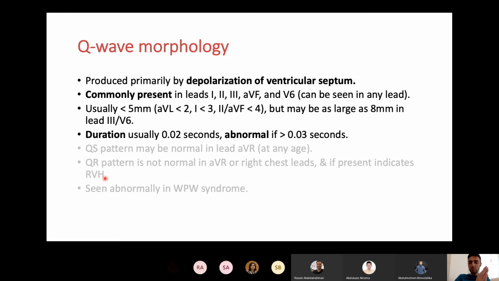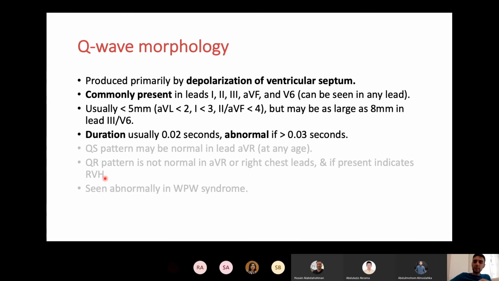If it's more than one small square, then this is a wide Q wave, and then it's a pathological Q wave, and then you have to think, are we having an infarction? So you have to think of other things. If you see wide Q waves, then think of other things. Of course, you have to worry about infarction or something else, and then you have to investigate accordingly.